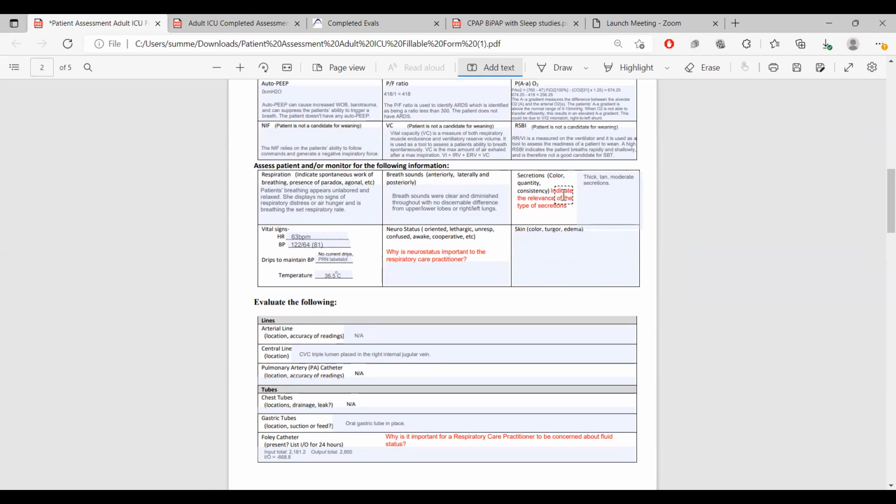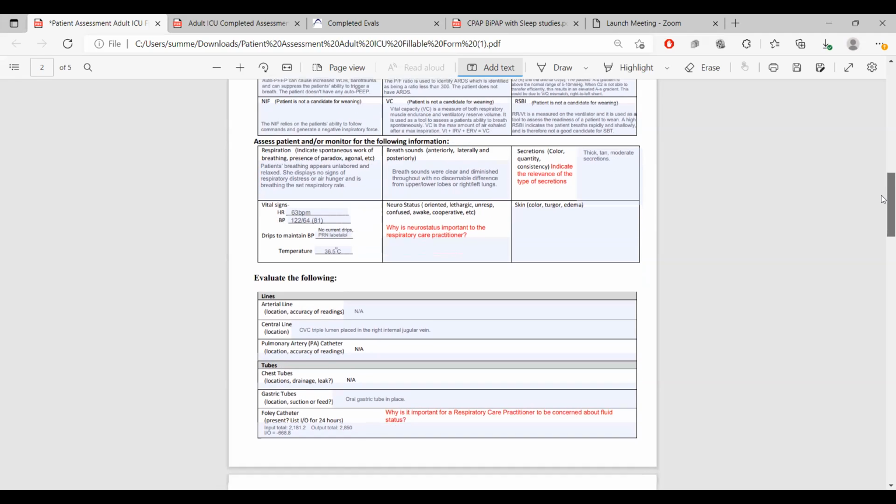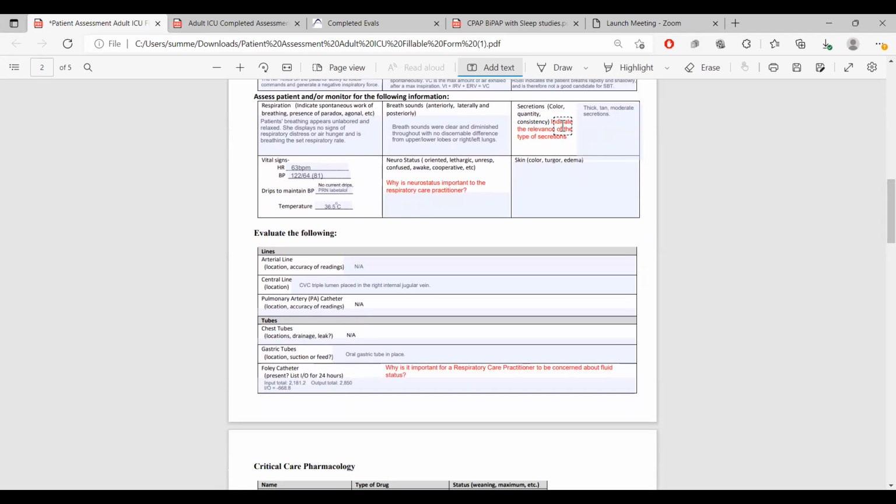Now I was getting confused here when I got to the secretion colors, because she is on antibiotics, but her secretions are thick, tan, and moderate.